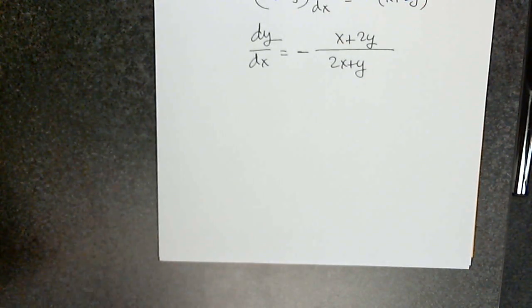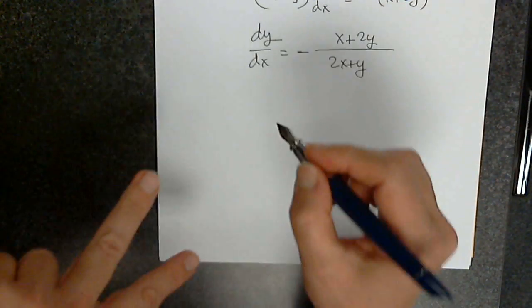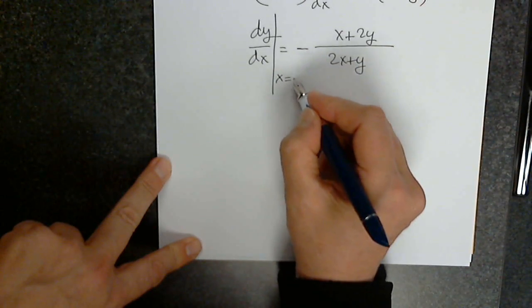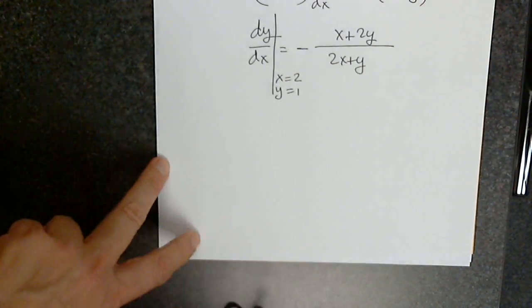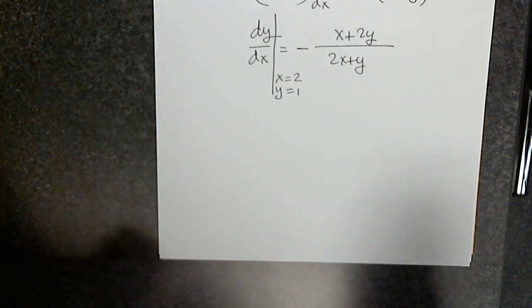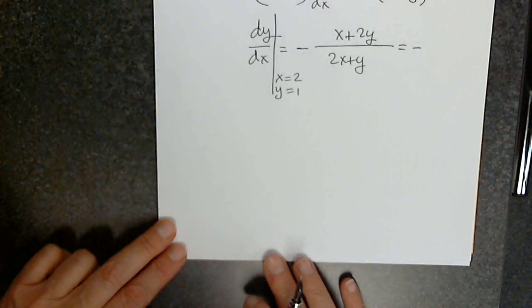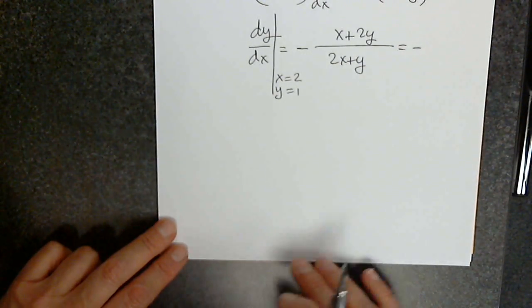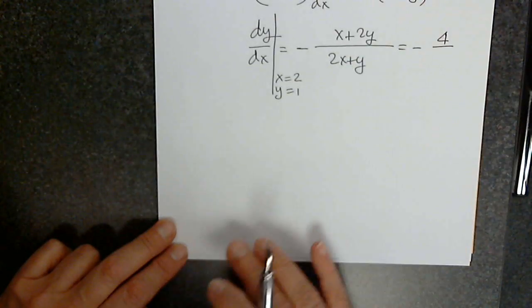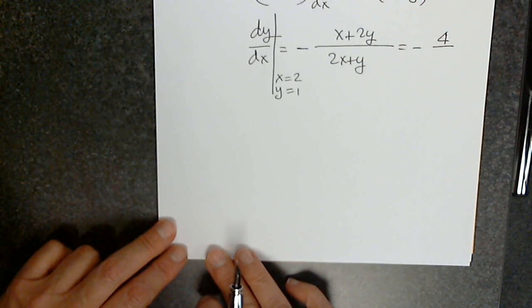What do I do now? Substitute the values into it: 2 plus 2, 4 plus 1.